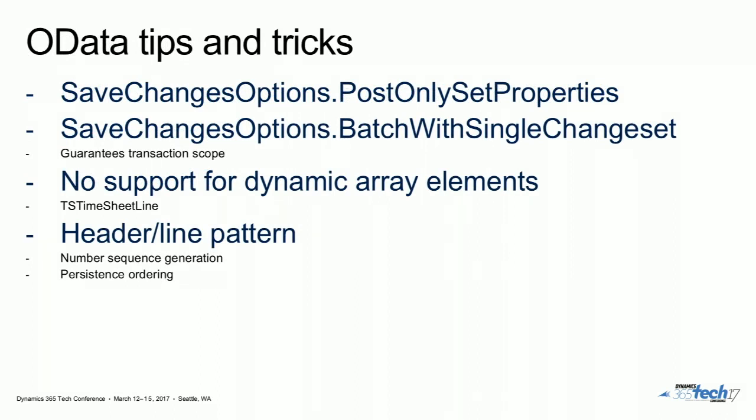In terms of OData tips and tricks, what we have seen from our experiences, the first one is the post-only set properties. So, for example, if you are creating a sales order manually, all you need is a sales order ID, which is automatically generated, and customer and a few others. And the rest of the values are defaulted.